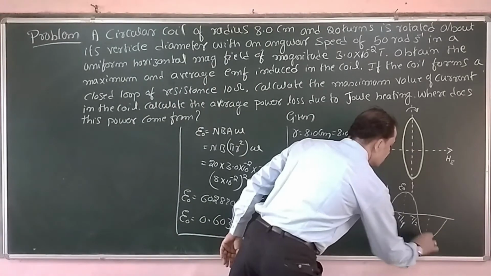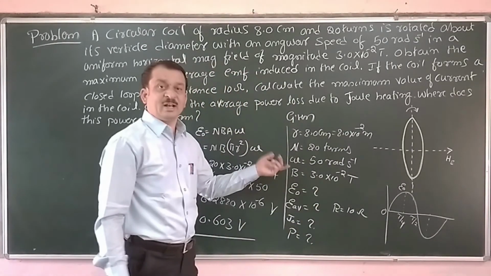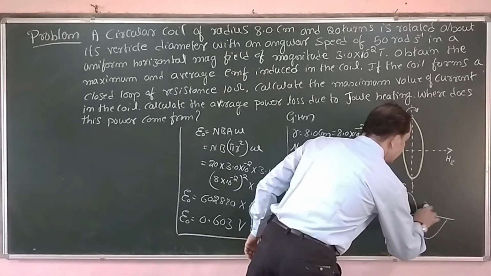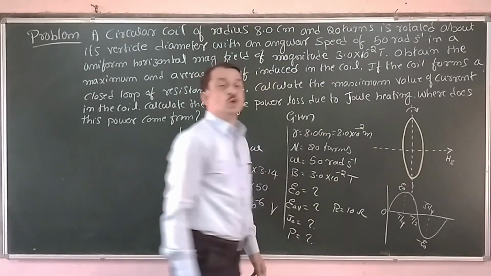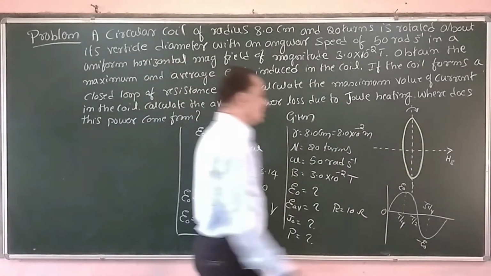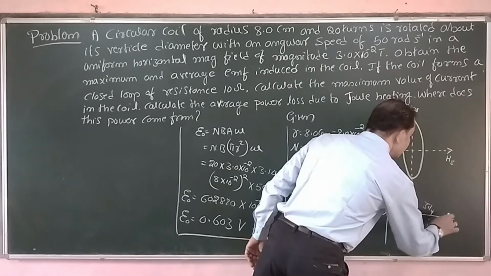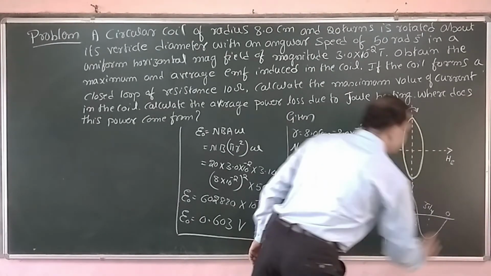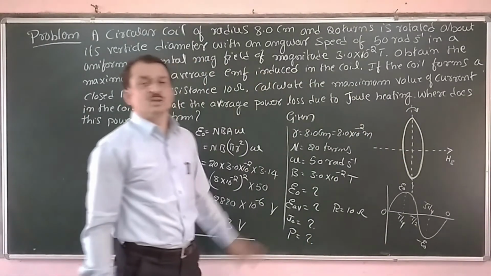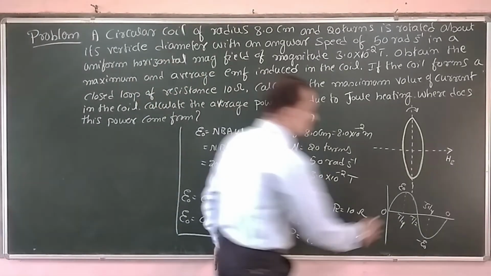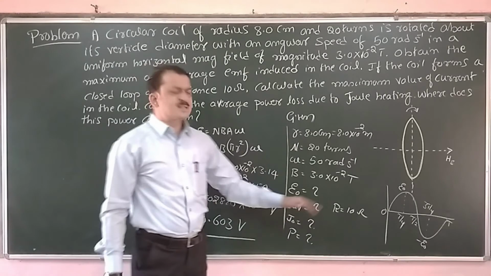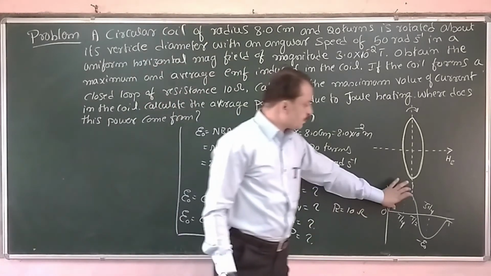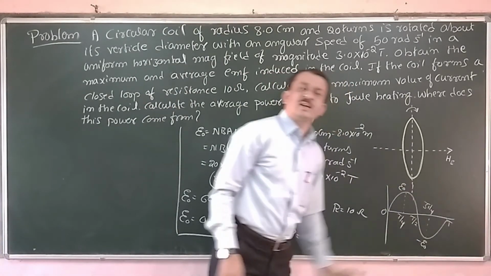At 270-degree rotation of the coil, that is 3T by 4, we have the negative maximum value, and at 360-degree rotation of the coil, the EMF value is 0. That we know very well. That is capital T, the time period. This forms a sine wave. This is the positive half cycle and this is the negative half cycle.